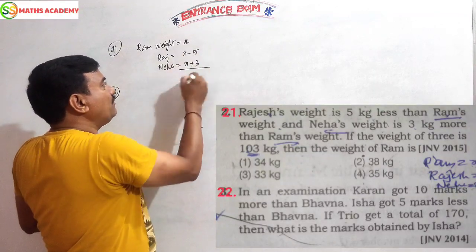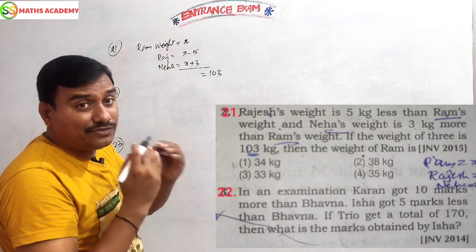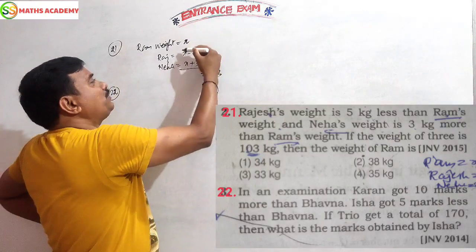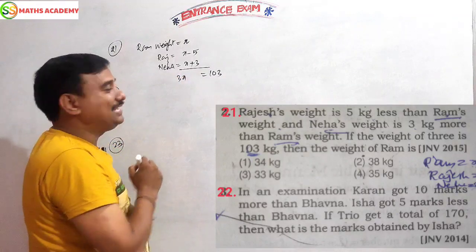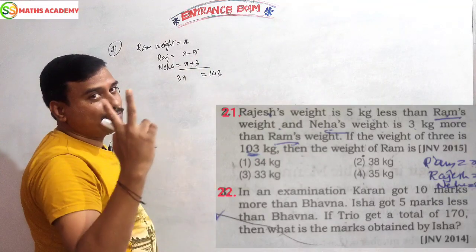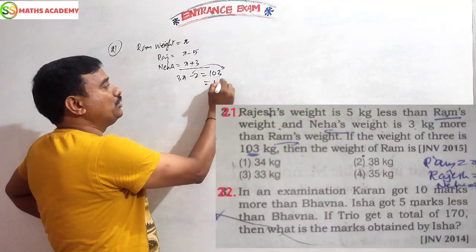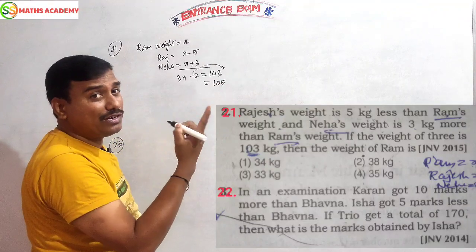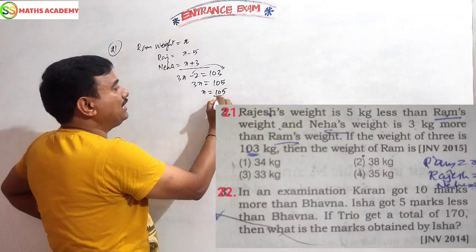Now the total weight is 103 kgs. The 3 members' weight is 103. x plus x, 3x. Simple technique you see. Plus 3 minus 5, minus 2. Minus 2 transferred to the right side becomes plus 2, so it becomes 105. 103 plus 2 is 105. Now 3x equals 105, x equals 105 by 3.